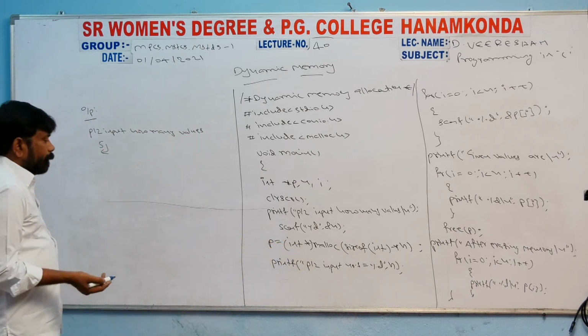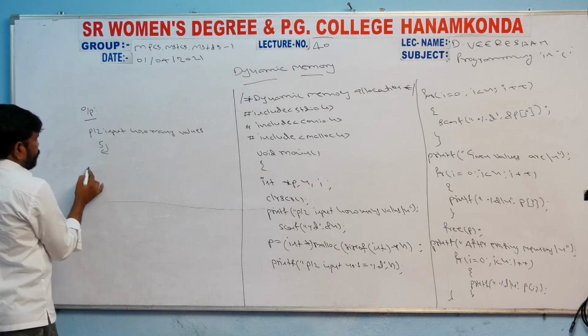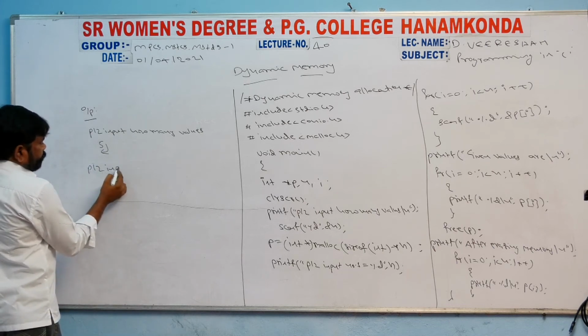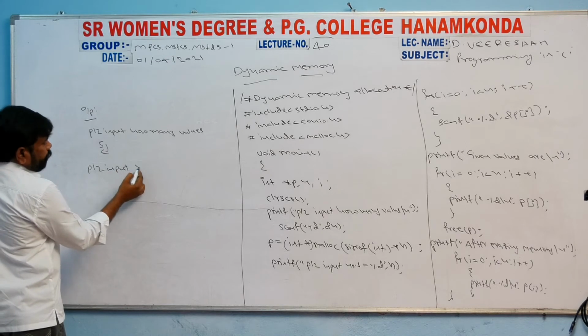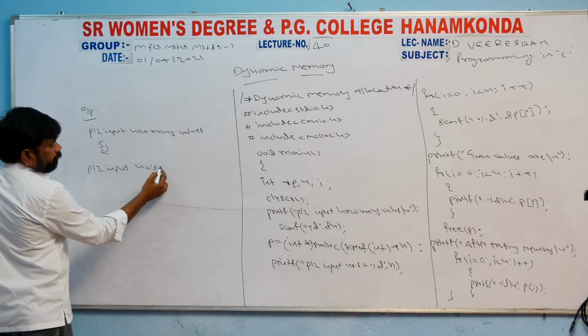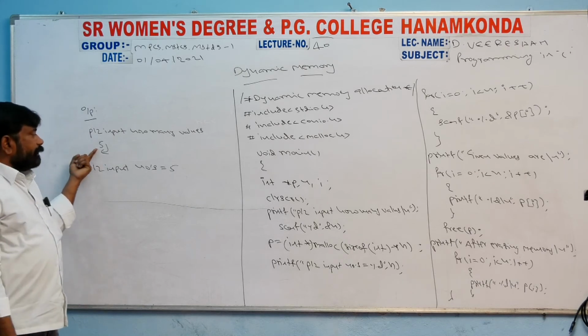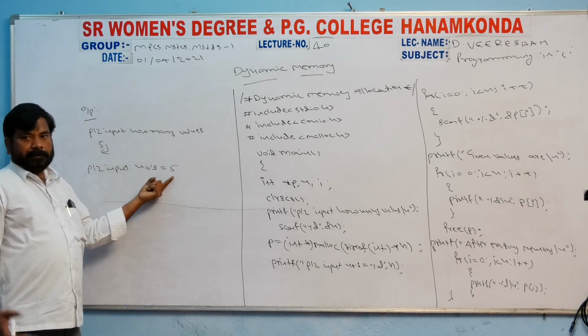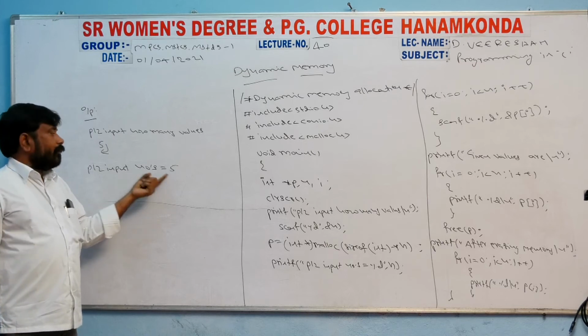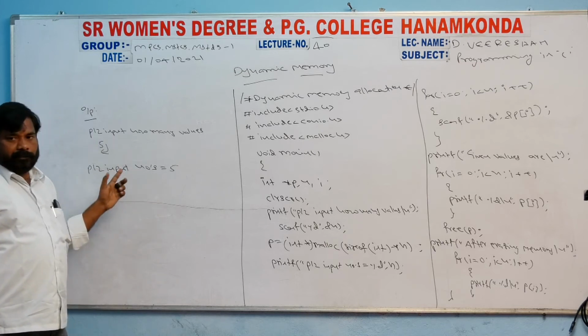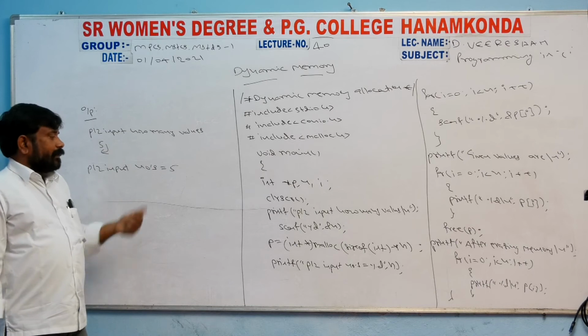Then printf, please input numbers. Now it will ask like this, please input numbers is equal to 5. The meaning of that, whatever value is inputted here, that is going to be asked here. Why? Because if the program is lengthy, we don't know how many values the user has given. For that, I am giving the same number here.